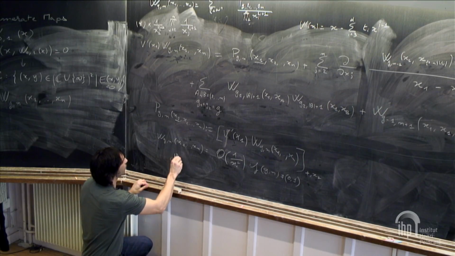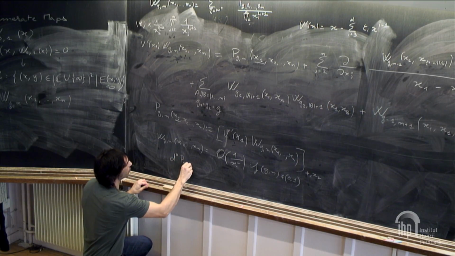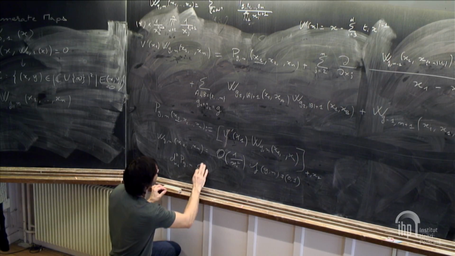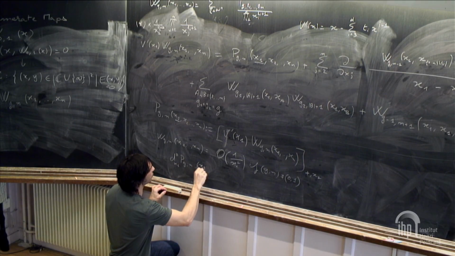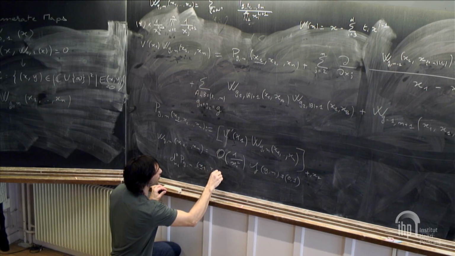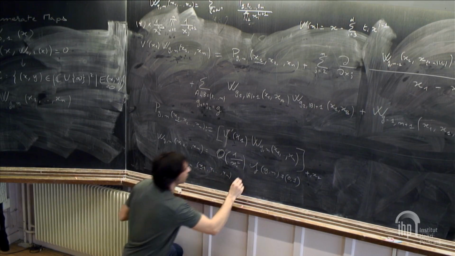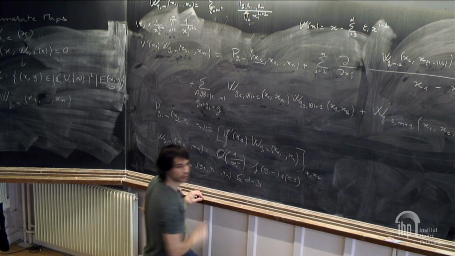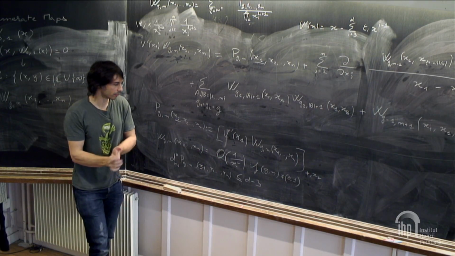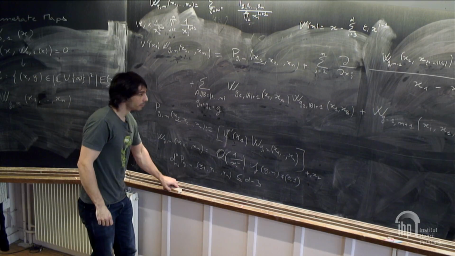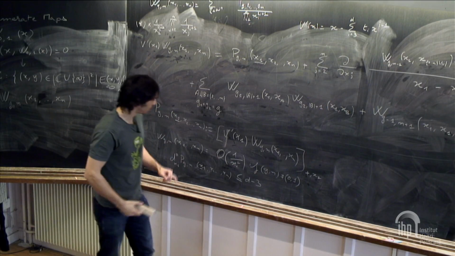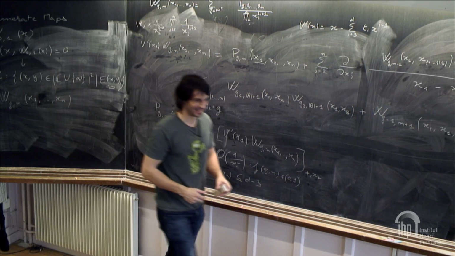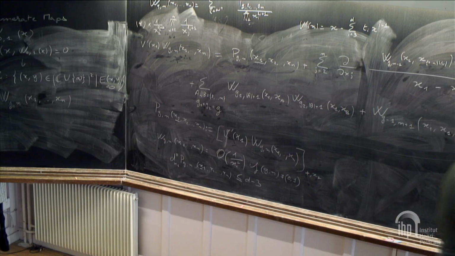So the degree of P_{g,n} in x1 is at most d minus 3. At most, and I don't need more.